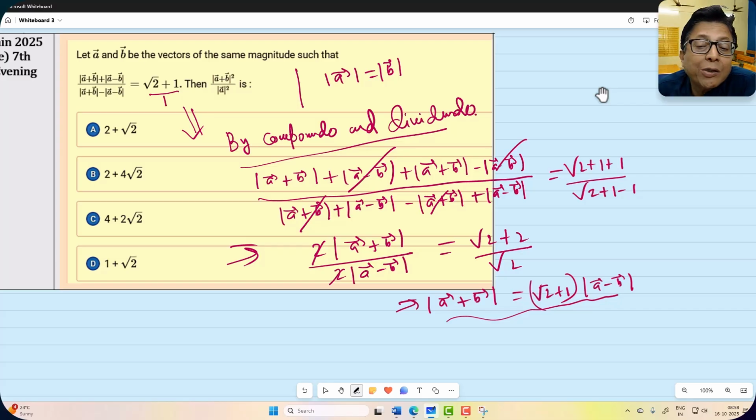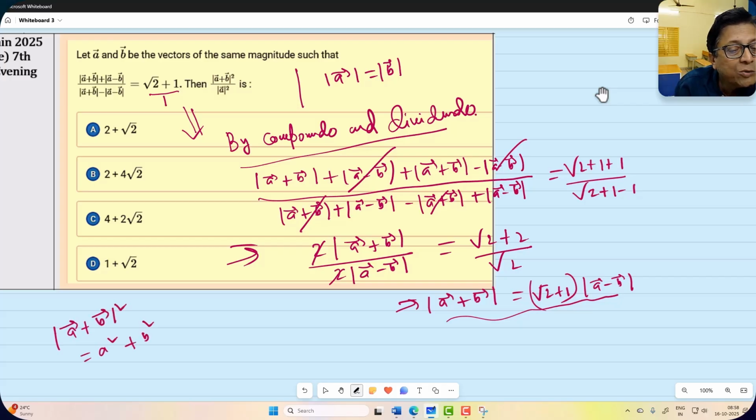So what you can do here? Does it give any specific relation over there? A and B you can bring back if you make square of two sides, and that A plus B whole square you can write in the form A square, B square, twice A dot B. No vector is there.